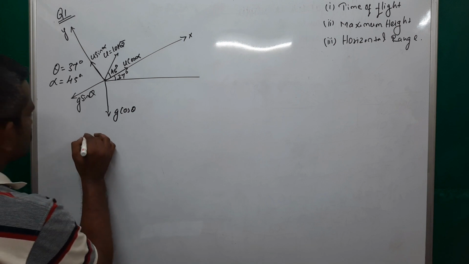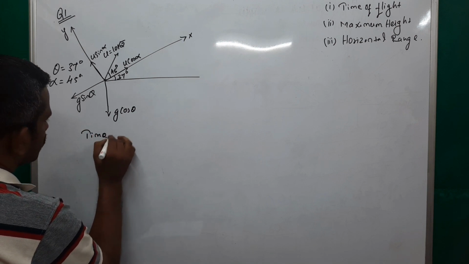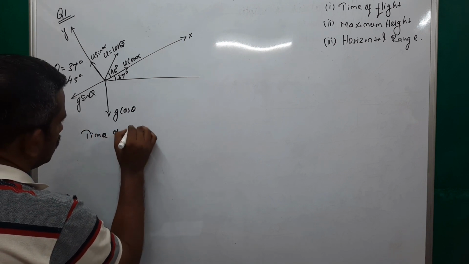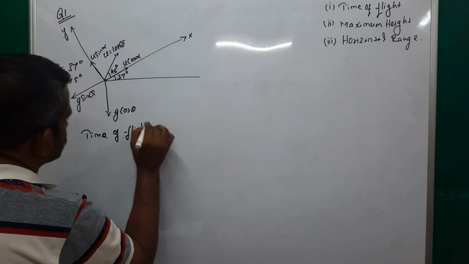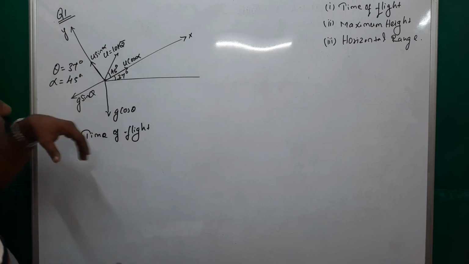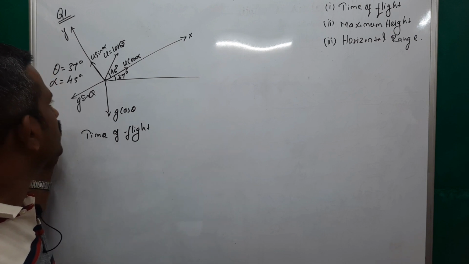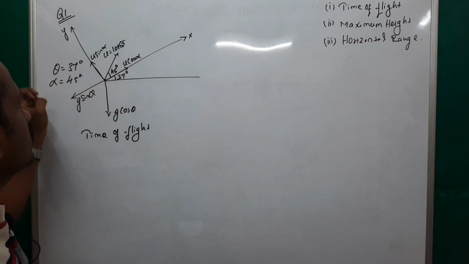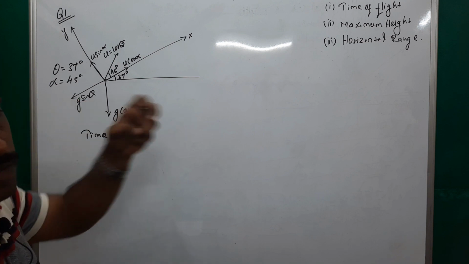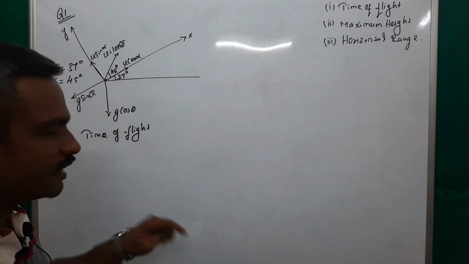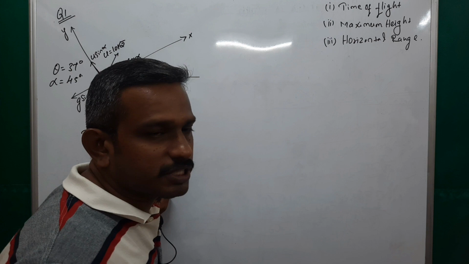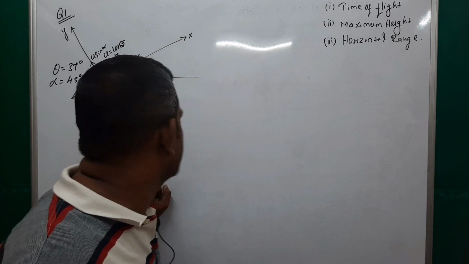So we have to find time of flight. How we are dividing these components, you can watch the first video in Physics 2020, if you want to understand how these components are divided in projectile motion in an inclined plane.